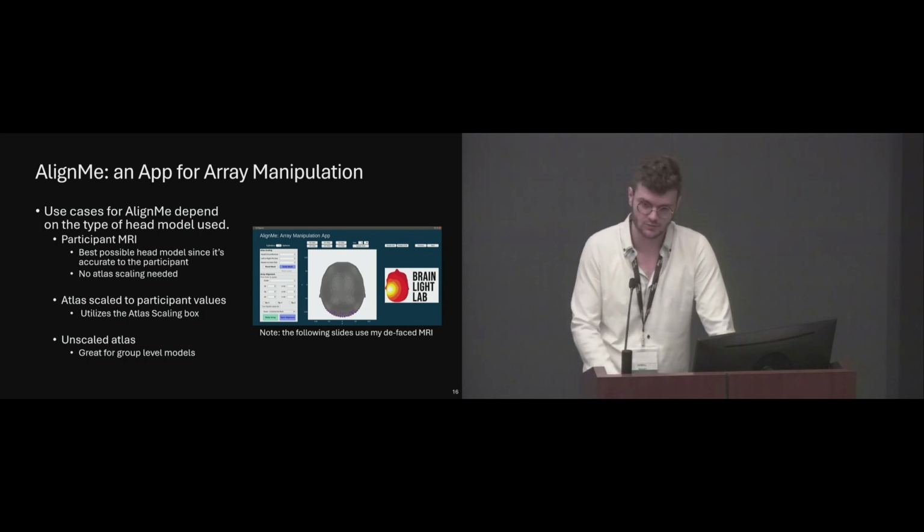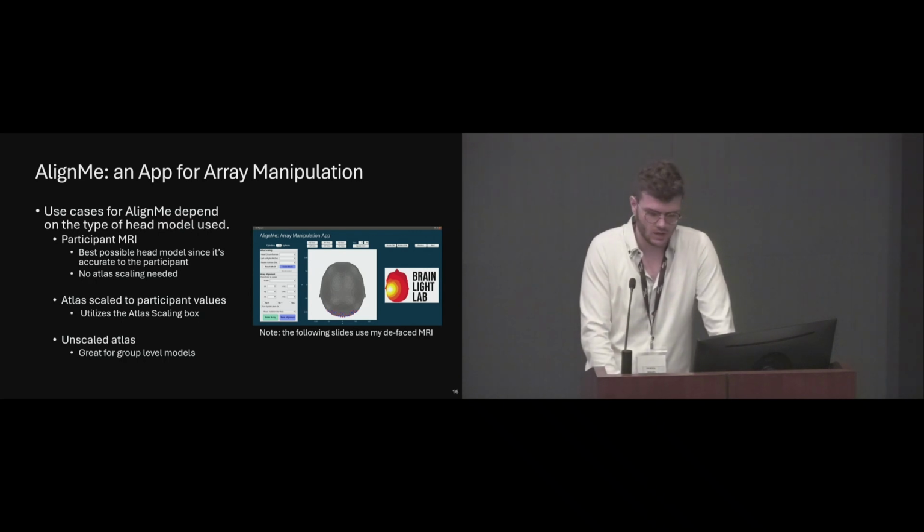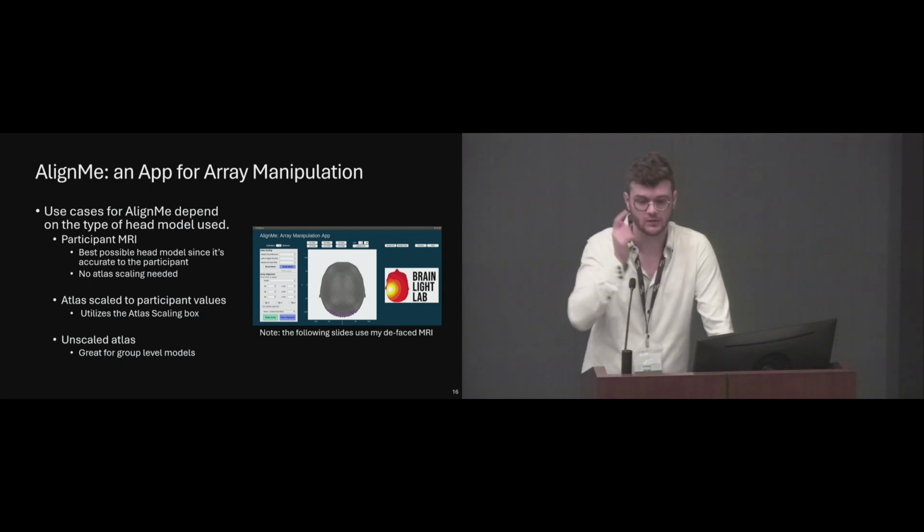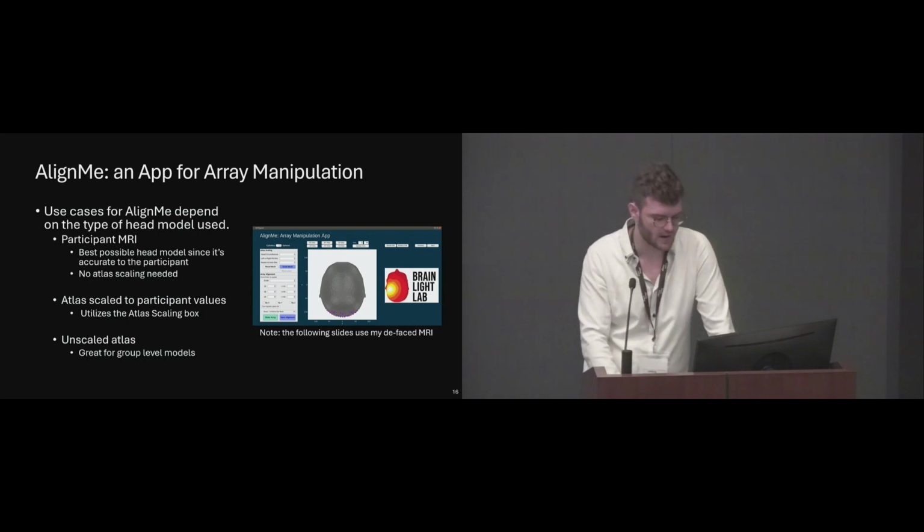And then AlignMe is really cool because it has a middle ground between those two, which is atlas scaling. We can use 3 different types of values: head circumference, nasion to inion distance, and tragus to tragus, so ear to ear distance, to scale our mesh. For this talk, though, we're just going to be using a participant MRI.